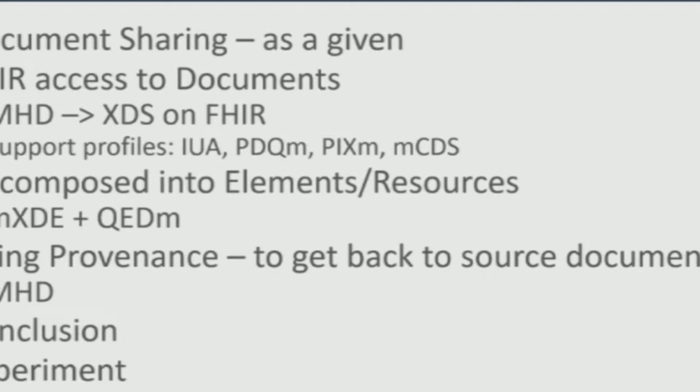So I'm going to talk about accessing generally the metadata. What are these documents? How do I get a hold of the document in its original form? How do I decompose that original form into something more FHIR friendly?